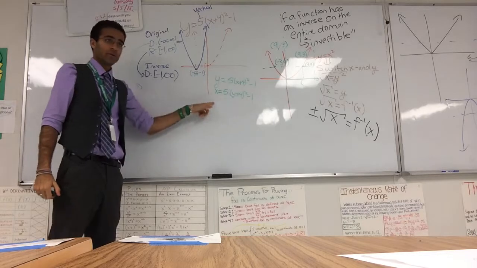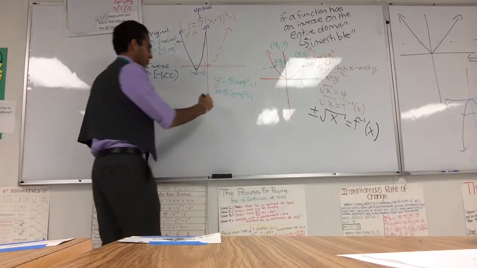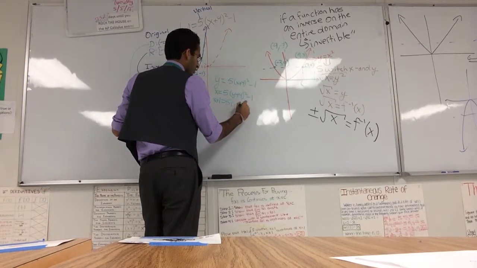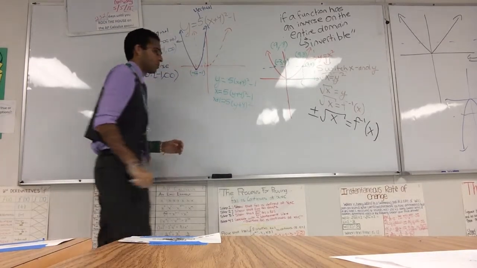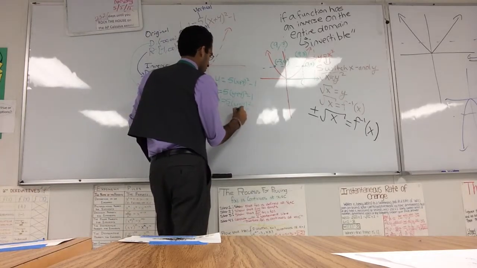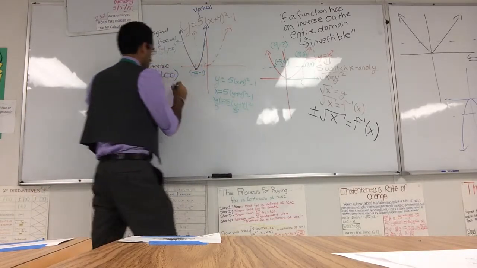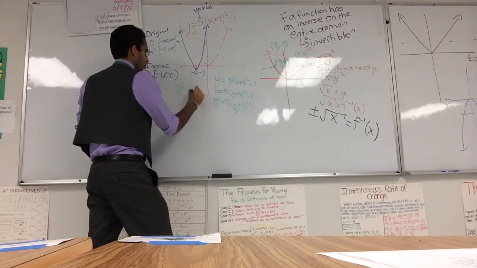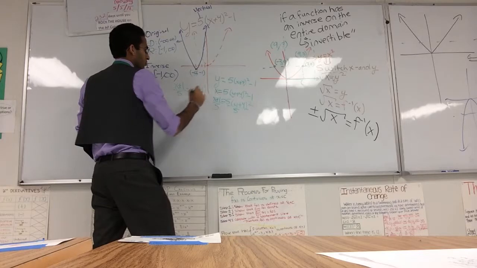I'm going to add 1 on both sides. x plus 1 equals 5y plus 4 squared. Divide both sides by 5. x plus 1 over 5 equals y plus 4 squared.